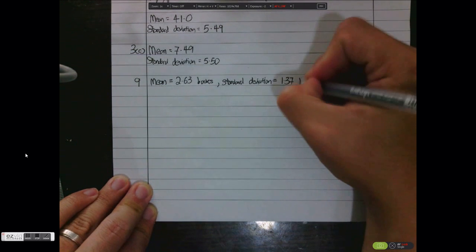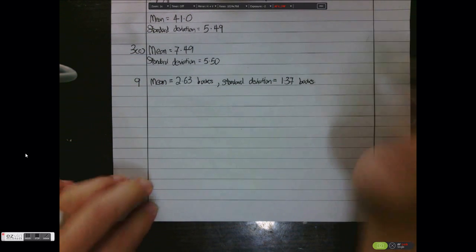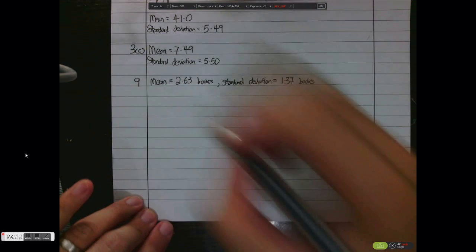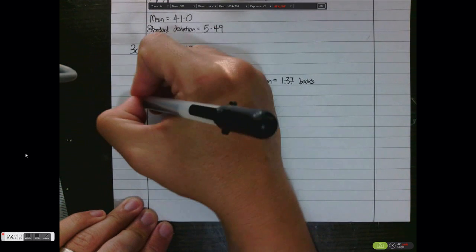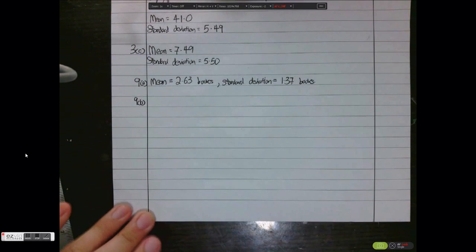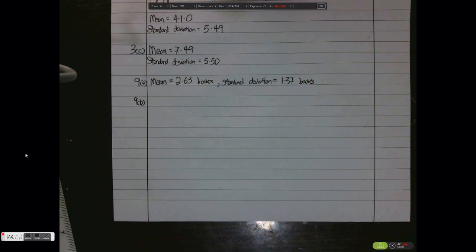Okay, 9 part B. They say if the students who did not respond are regarded as having not read any books. Same thing, we rekey all the data again, but for 0 books, instead of keying 2, we must find out how many of the students did not respond.